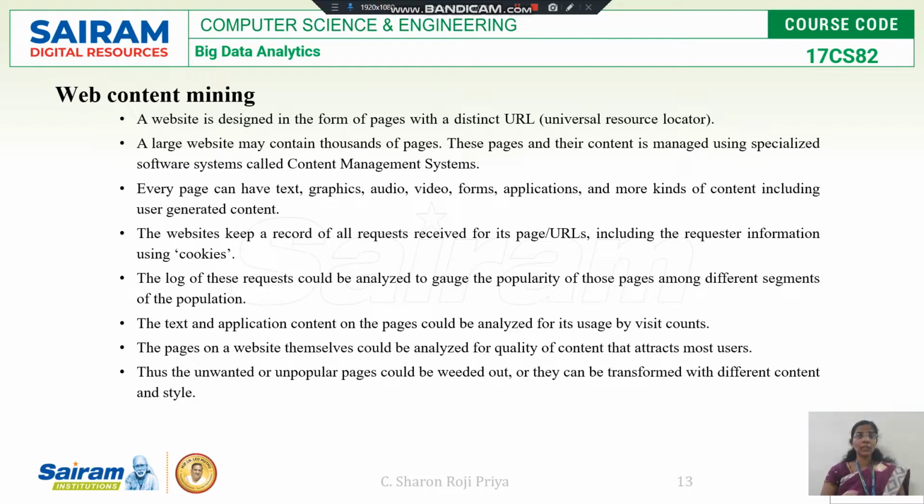And this website keeps a record of all the requests received for its pages. These requests are present in the log records, and based upon these log records, the web page is ranked.